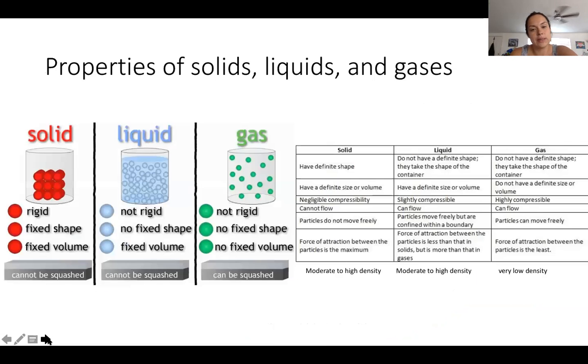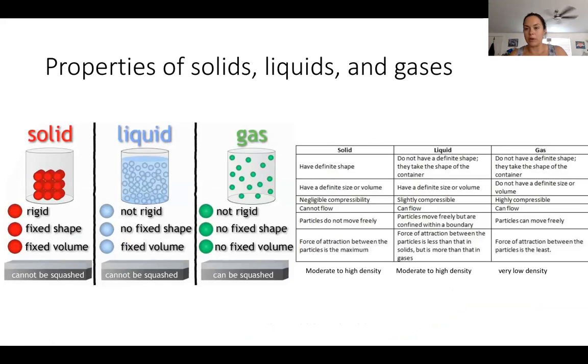You may know some of these properties of solids, liquids, and gases. When you're a solid, you have a rigid, fixed shape. It doesn't matter what container you're in, and you have a fixed volume. A liquid is not rigid and doesn't have a fixed shape. It does have a fixed volume, but it will assume the shape of whatever container you put it in.